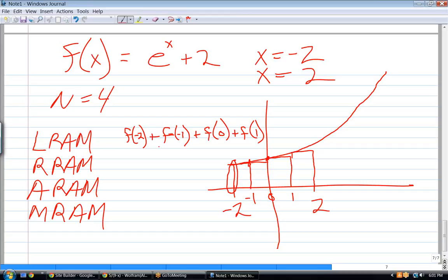Yep. What is f of -2? You want me to use? Yeah, you might be able to do this on your calculator better. Yeah. Let's see. The answers are in decimals, so that's fine.